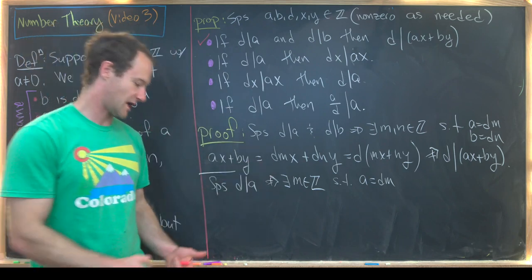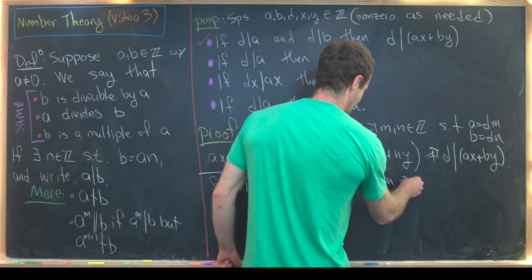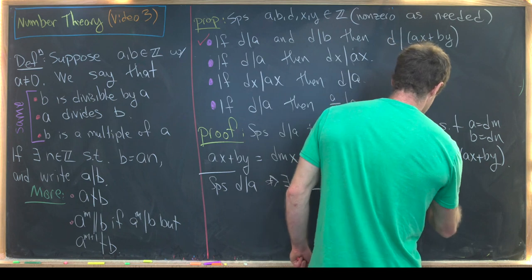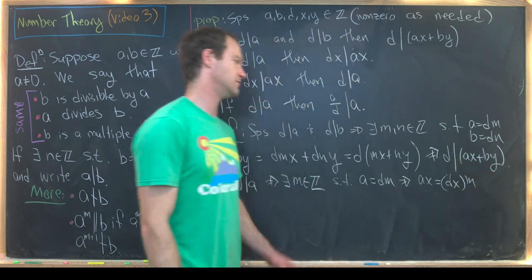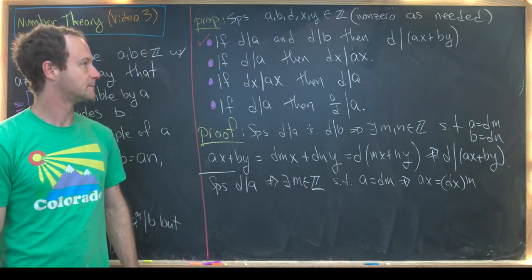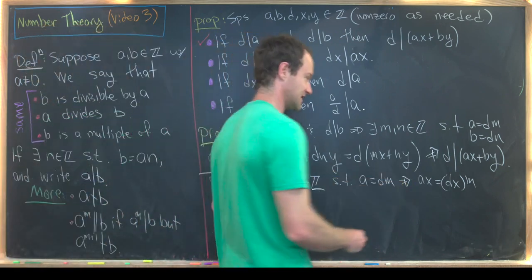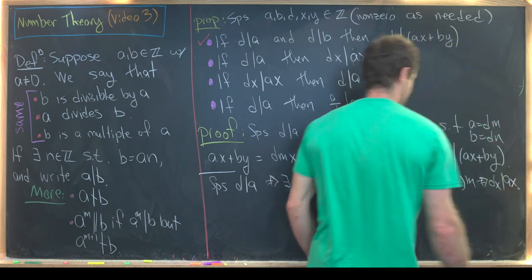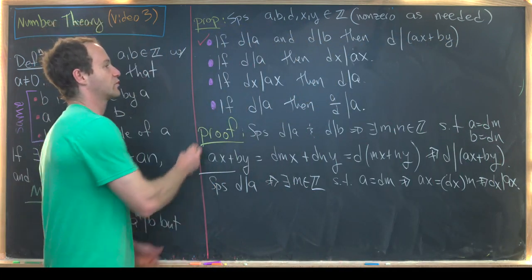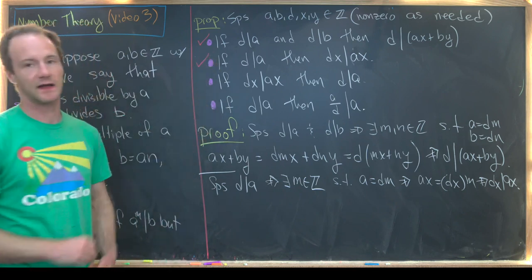Now we'll just multiply this entire equation by x. That tells us that ax equals dx times m, where I've commuted things as necessary. But now reading that off, that's exactly what we need to say dx divides ax. Okay, so we've proven this second purple dot.